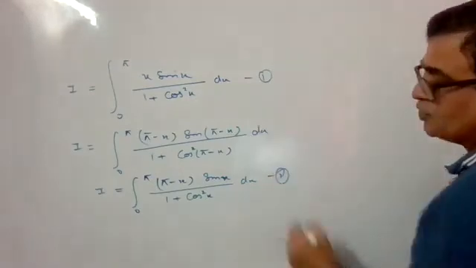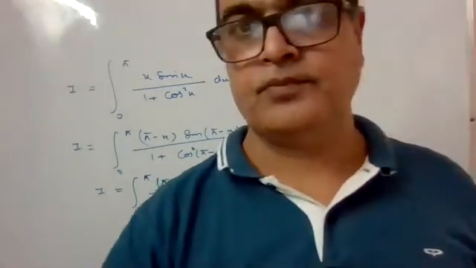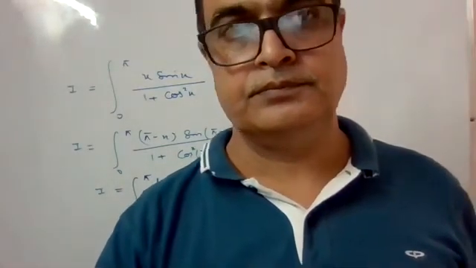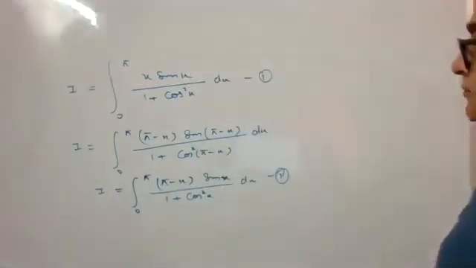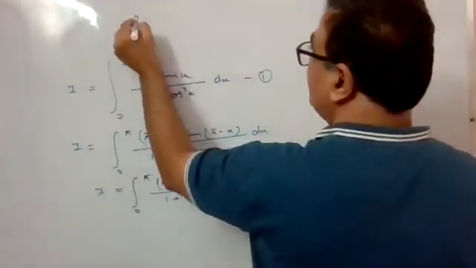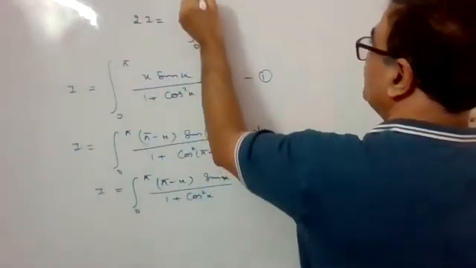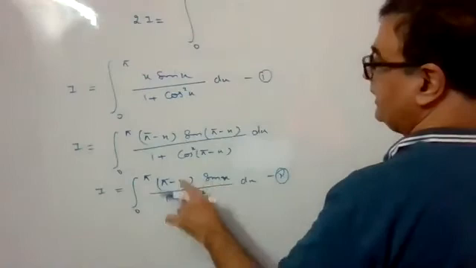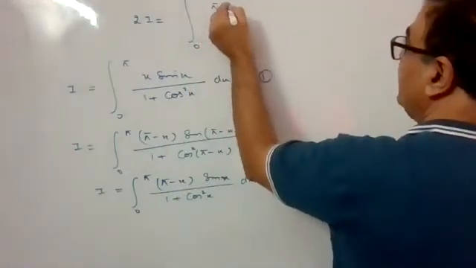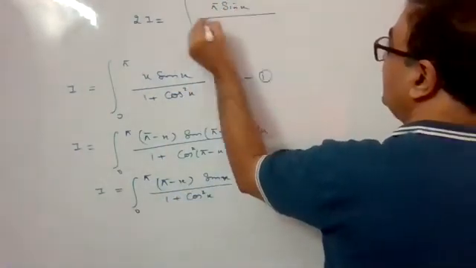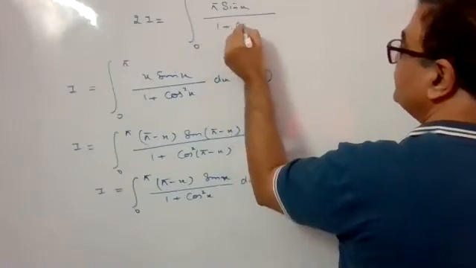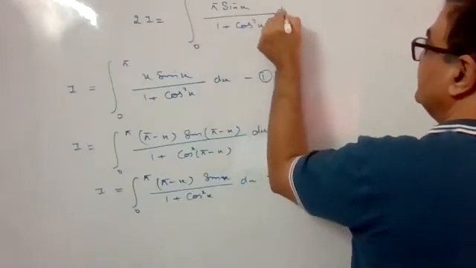This is equation 2. Now when you add it, it will come out to be 2I integral 0 to pi. x sin x cancels out. Left is pi sine x by 1 plus cos square x dx.